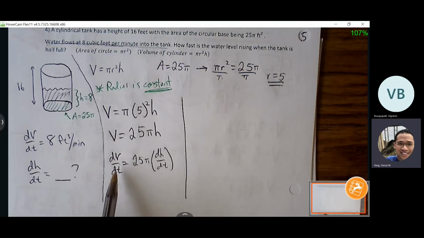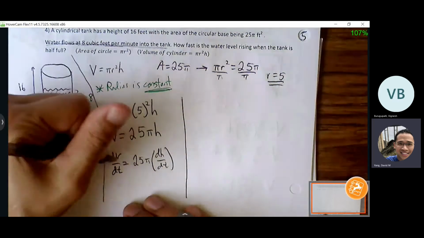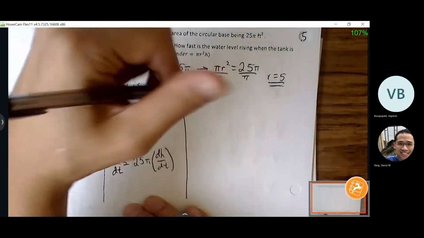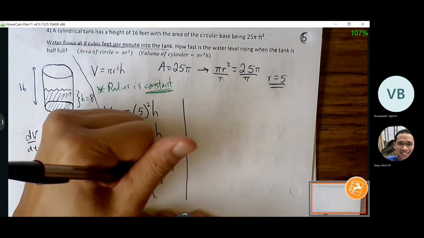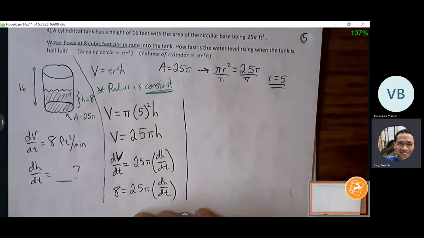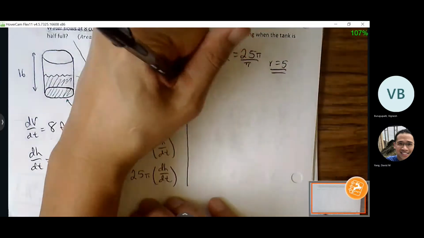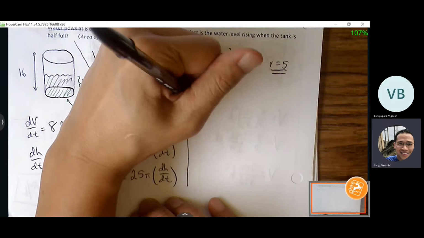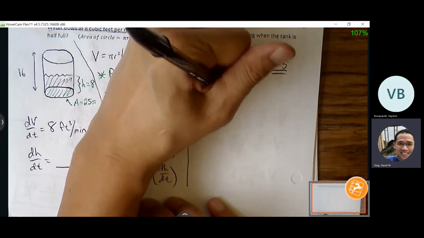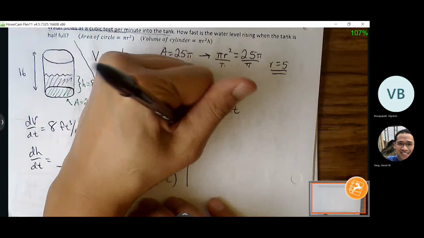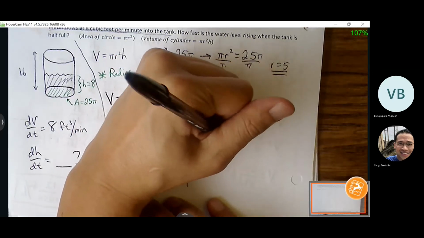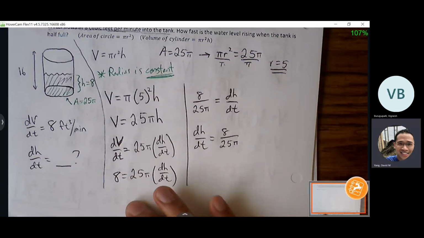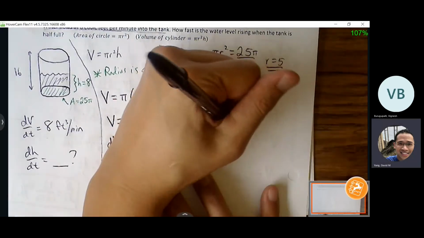Yes, 8 inserts into here, and we're ready to solve for dh/dt. Divide both sides by 8. Notice pi is in the denominator. We just have to leave it there. Units of measure: feet per minute.